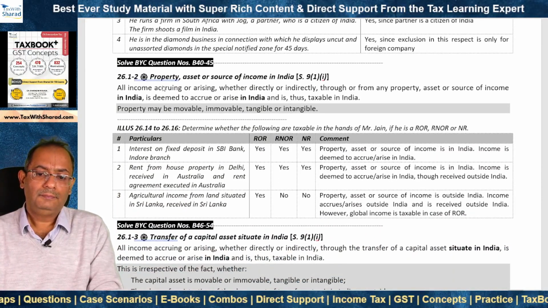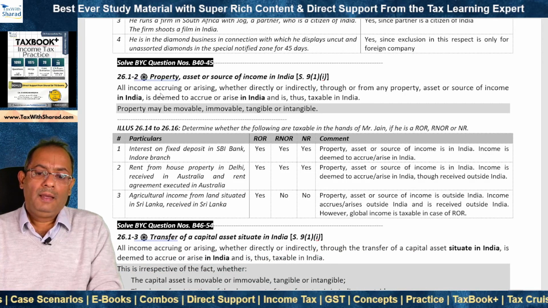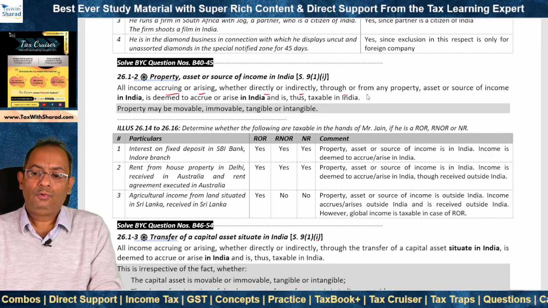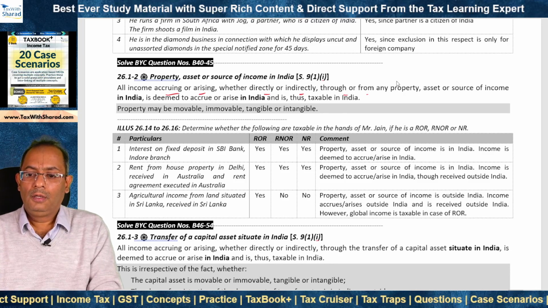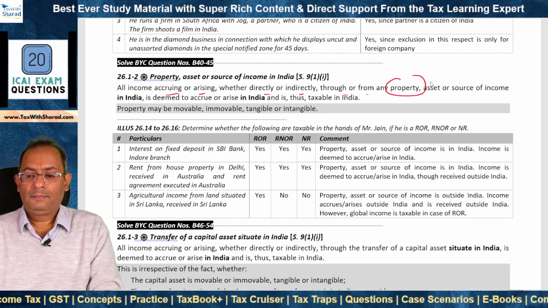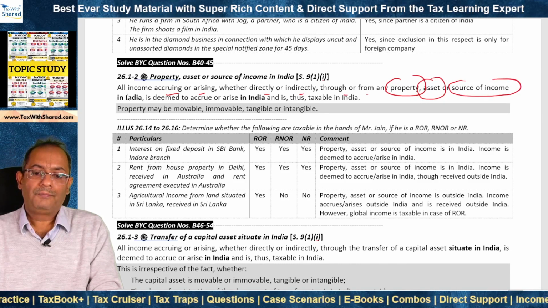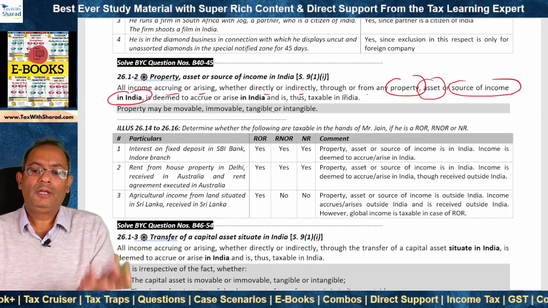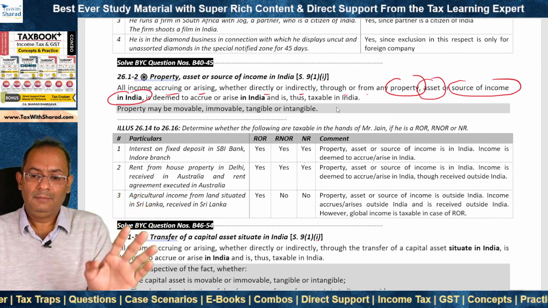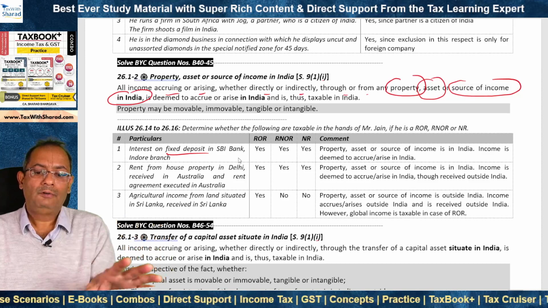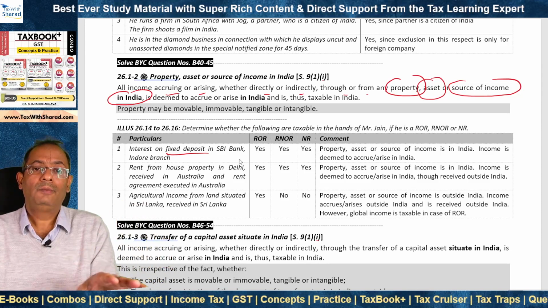Next, as we saw, income which accrues or arises directly or indirectly through or from what? From any property or any asset or any source of income in India is deemed to accrue or arise in India and is thus taxable in India. For example, interest on fixed deposits in State Bank of India bank in Indore branch, which is in India.